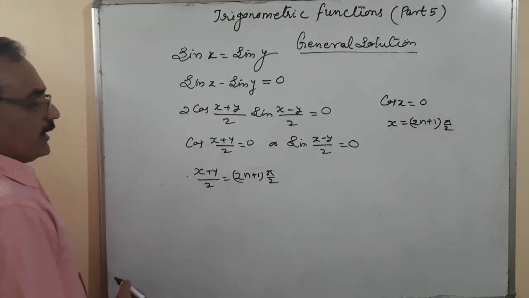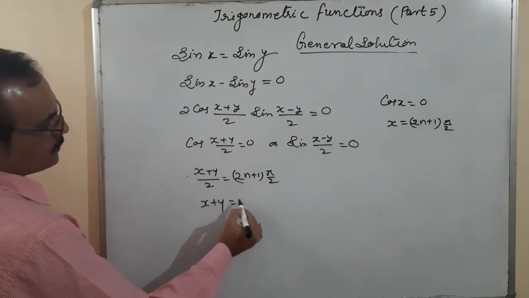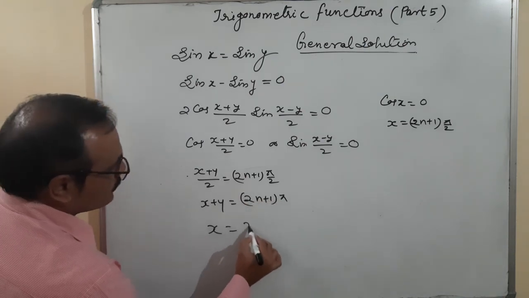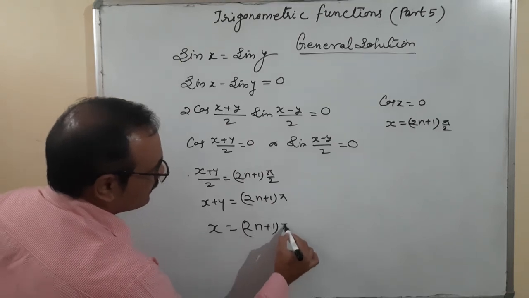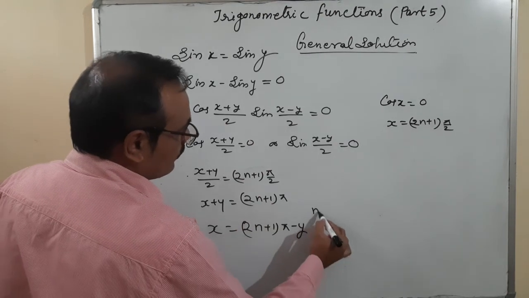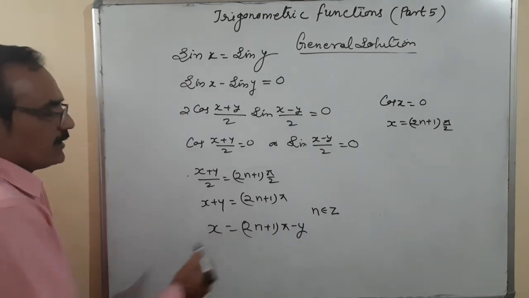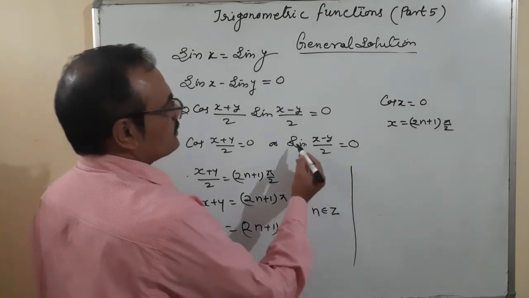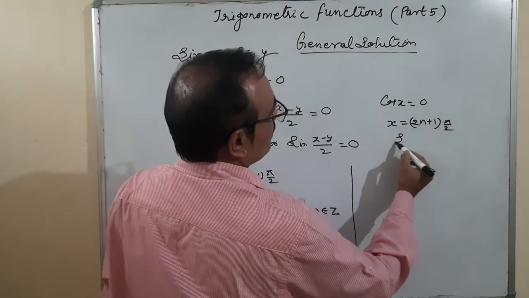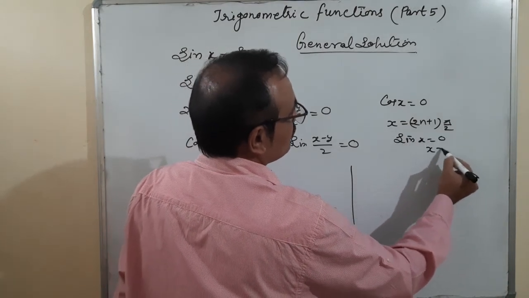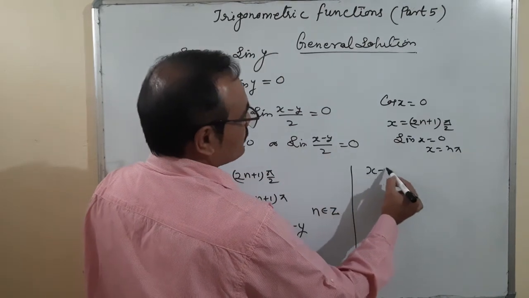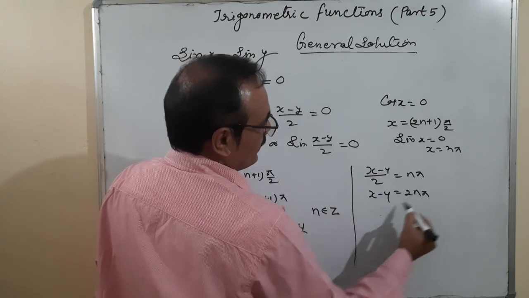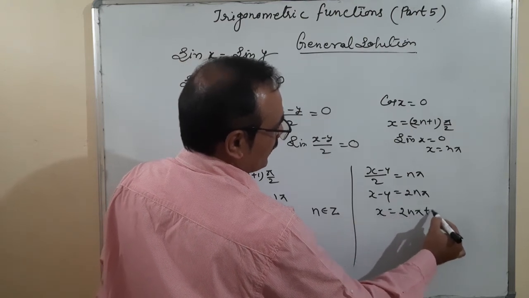That means x plus y is equal to (2n plus 1) into pi, therefore x is equal to (2n plus 1) into pi minus y, where n belongs to integers. So this is the first value. Now if I solve the other term, sin (x minus y) upon 2 is equal to 0, sin x is equal to 0 means x is equal to n pi, so (x minus y) upon 2 is equal to n pi. Therefore x minus y is equal to 2n pi, and x is equal to 2n pi plus y.